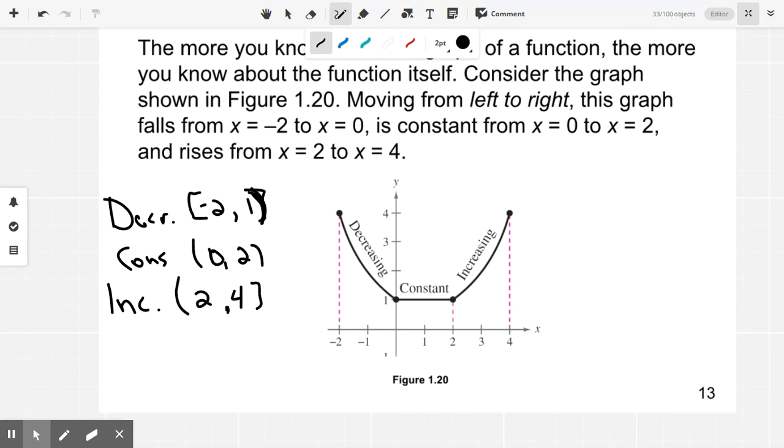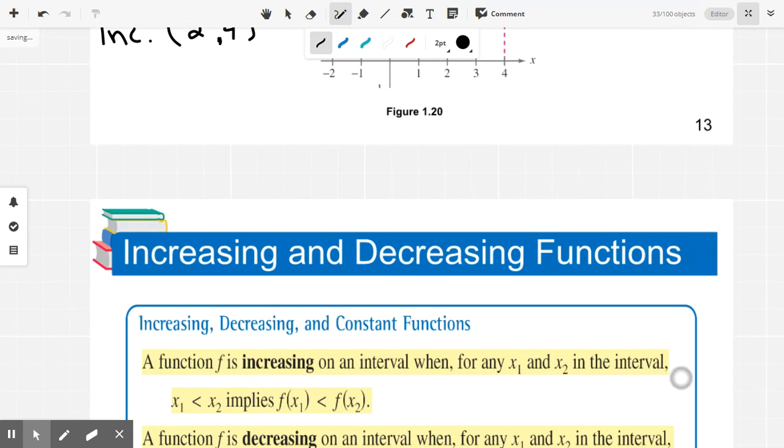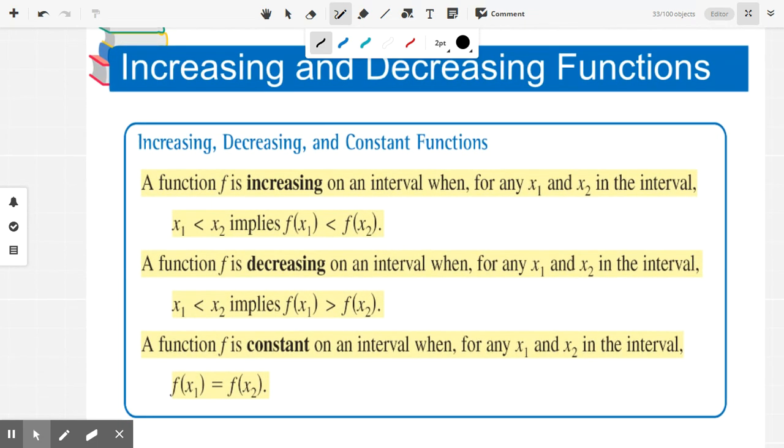All right, so let's move on. And this is the actual mathematical definition. To me, this sort of confuses it. But let me explain. A function is increasing on an interval for any x1 and x2 in the interval. x1 is less than x2 implies f of x1 is less than f of x2. All right, basically that means it's going uphill.